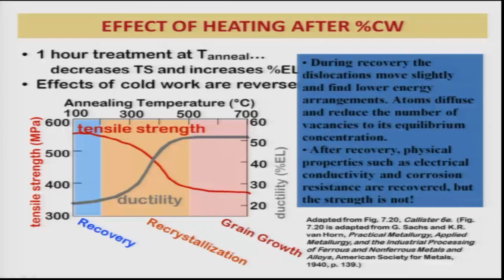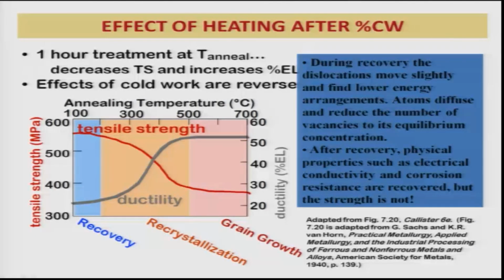What will be changing is basically the physical properties like electrical conductivity, corrosion resistance, many other things. So that means something happens to defect structures in the recovery stage which leads to improvement or change in the physical properties. So what actually happens?